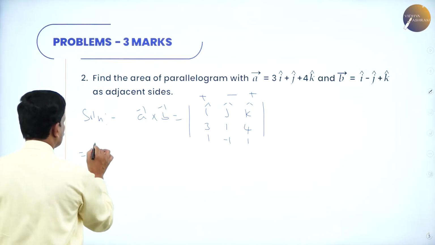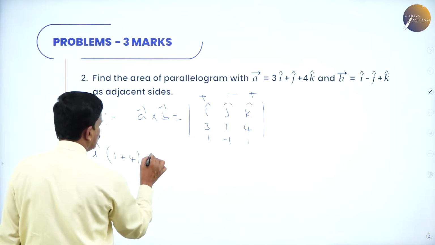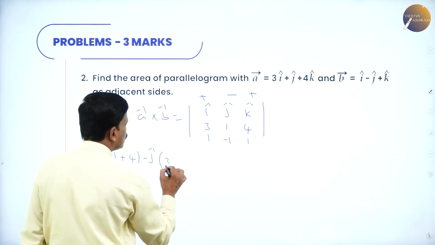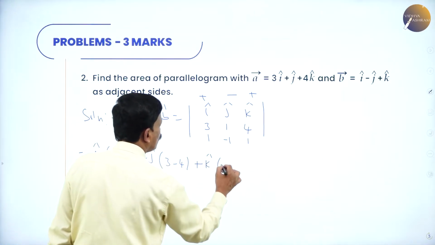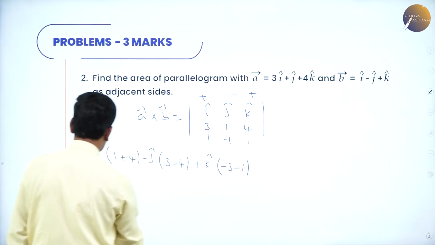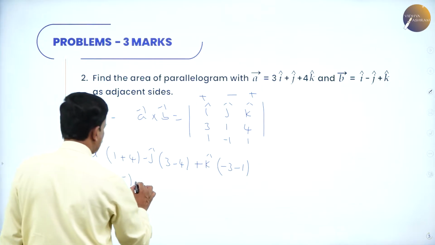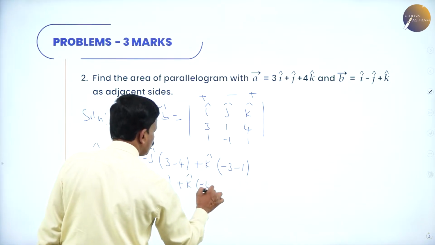So this is equal to i into 1 ones are 1, minus into minus plus 4, minus j into, delete the row and column containing this, 3 ones are 3, minus 4, plus k cap into, this is gone, 1 into minus 3 is minus 3 minus 1. This is i cap, 1 plus 4 is 5, minus j cap into minus 1, plus k cap into minus 4.